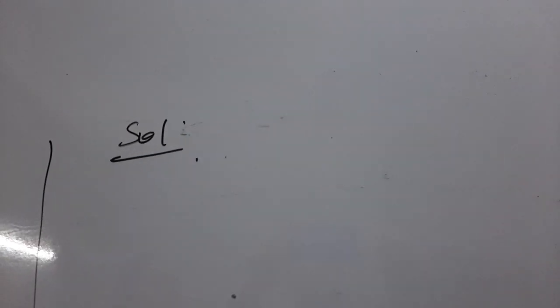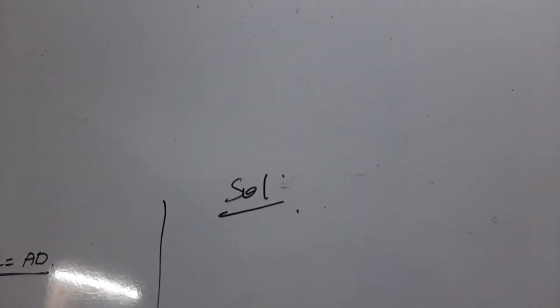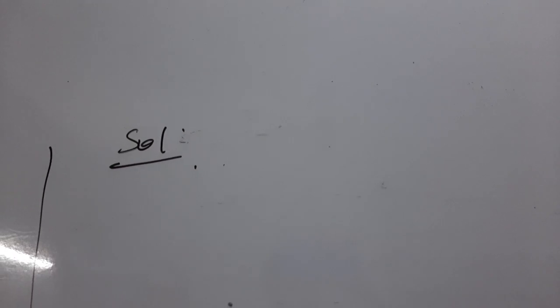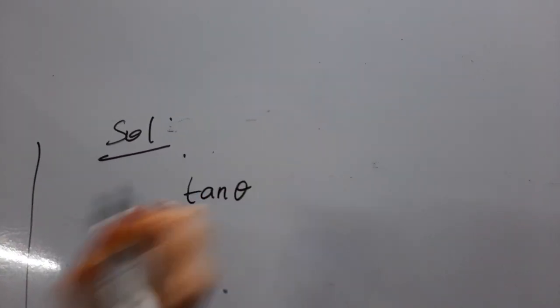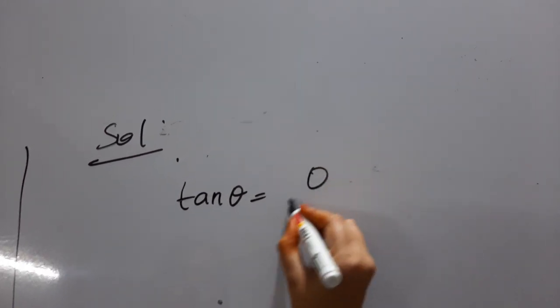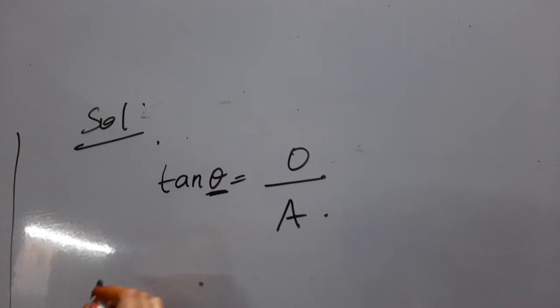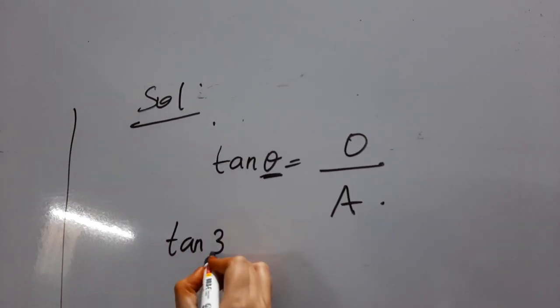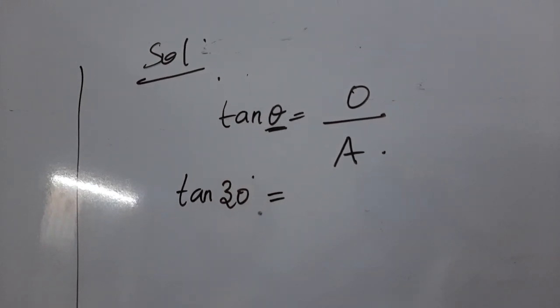Now let's start with the solution. The first trigonometric ratio: with respect to the adjacent side, I want to find out the opposite side. What is the trigonometric ratio definition which relates opposite side and adjacent side? Tan theta. Tan theta is opposite upon adjacent. What is the theta value here in this question? Like the previous question, here also the angle value is 30 degree. What is the opposite side?